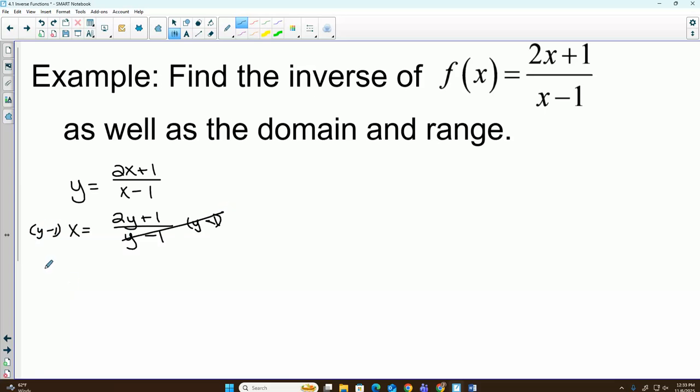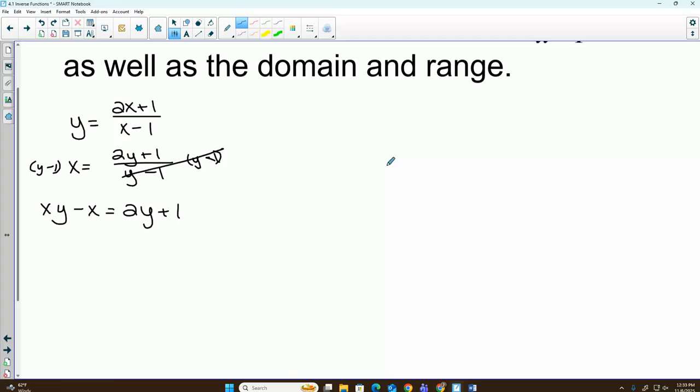Here are my fractions. So I get xy minus x equals 2y plus 1. Right, I am trying to find y. Remember, I'm solving for y. I do have a y in 2 spots. What we need to do is get everything with a y on one side and everything without it on the other side. So I'm going to subtract over this 2y and add over this x.